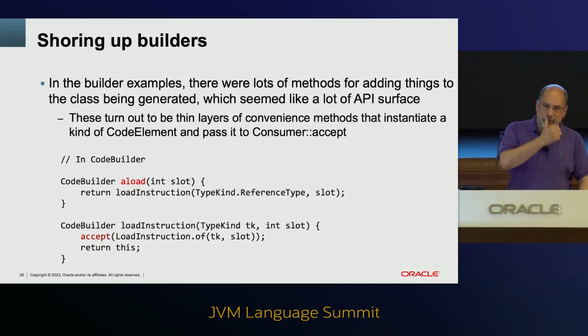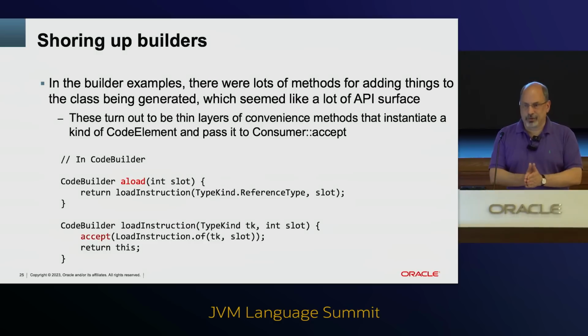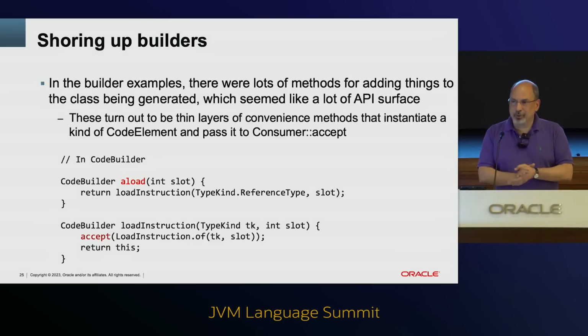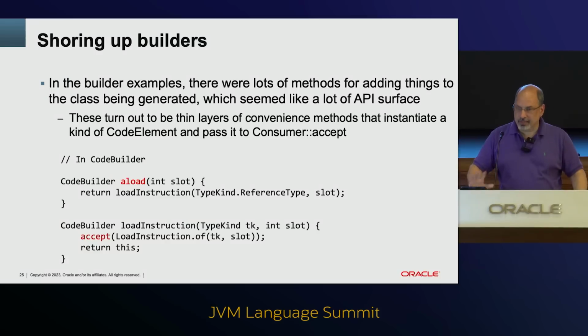Let's go back to our builder prototype and see if we can put a little bit of a foundation underneath it. So the builder prototype had all these ad hoc methods, lots of API surface. Turns out all of those methods are, or in hindsight were, redefined as thin convenience layers around make an element and hand it to the builder. So in our earlier example where it said A-load 0, what does A-load do? All A-load does is say, oh, that's a load instruction for a reference type.